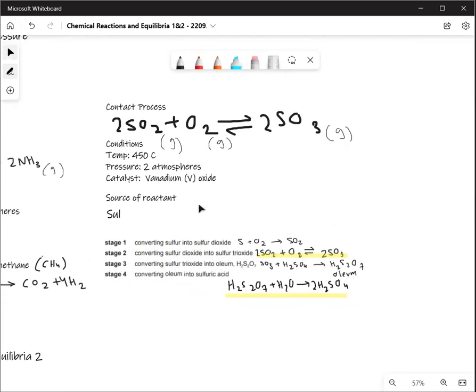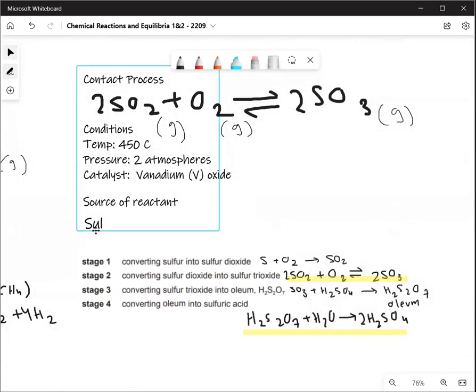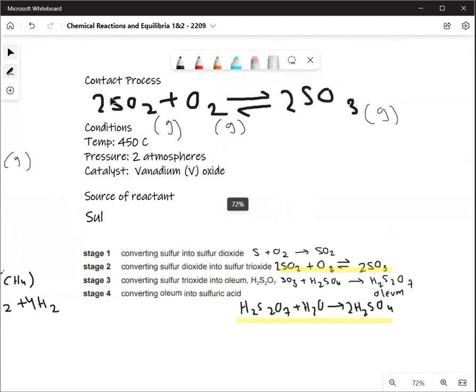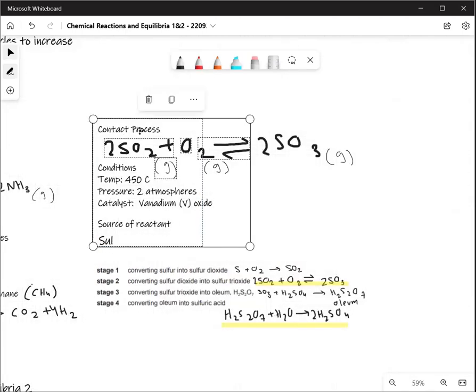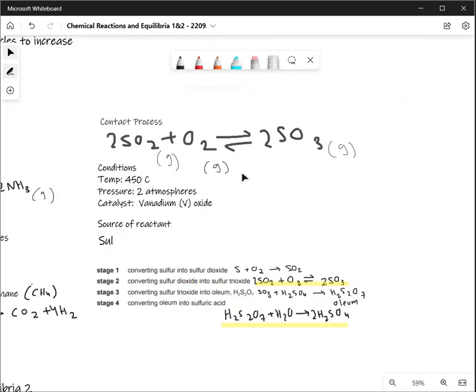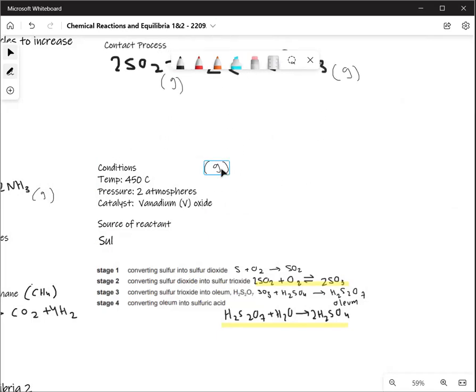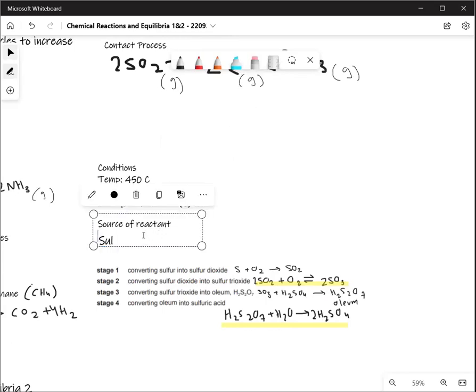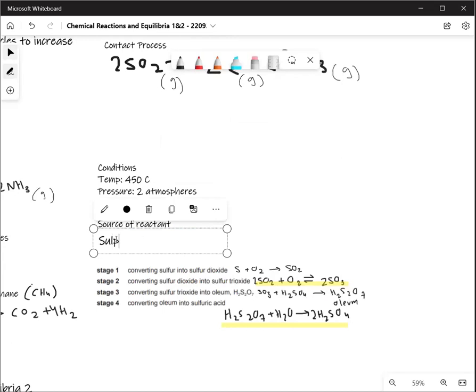Zahra, write down the contact process. Take a screenshot and start writing. So, the source of sulfur in the contact process is from these two.